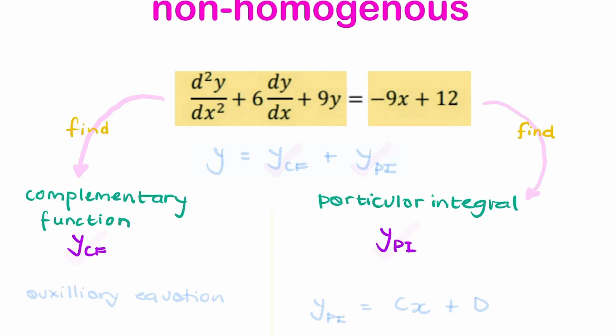And we're then going to find the solution by saying y is equal to the sum of YCF plus YPI. So we're going to add the complementary function, which is the general solution, with the particular integral.